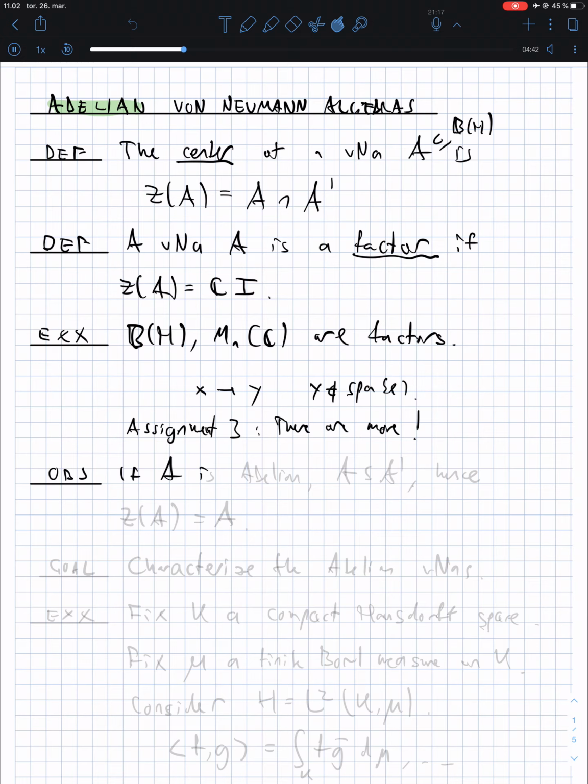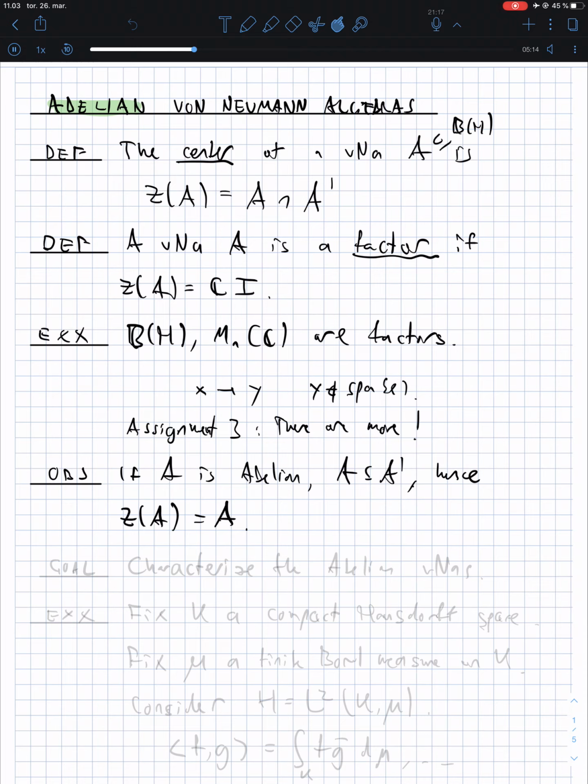If A is abelian, then of course A will be contained in the commutant, because the commutant contains all the operators that commute with all the elements of A, and if A is abelian, then all the elements of A commute with all the elements of A. So hence the center is big, it's all of A.